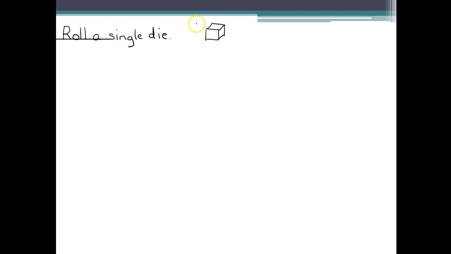So we're going to roll one of those, and we want to figure out the probability of rolling a 5 or a 6. Well, on your single die, there's 6 total outcomes. And for 5 or 6, those are your desirable outcomes. There's one way to get a 5, one way to get a 6. So there's 2 total desirable outcomes.